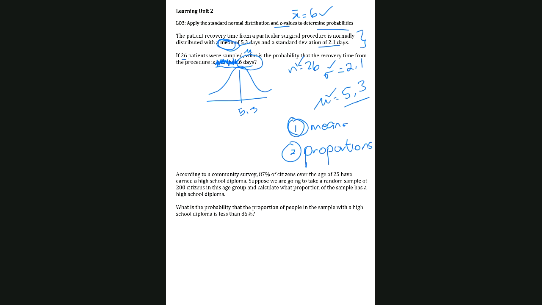Once you have the population value, you're going to look at what the question asked you and plot down the sample value together with it. As I said, we plotted down the center the population mean, which was 5.3.